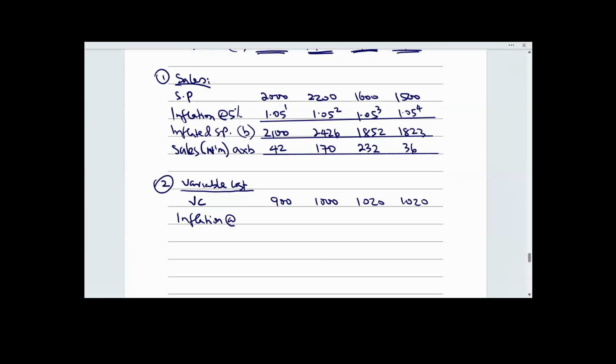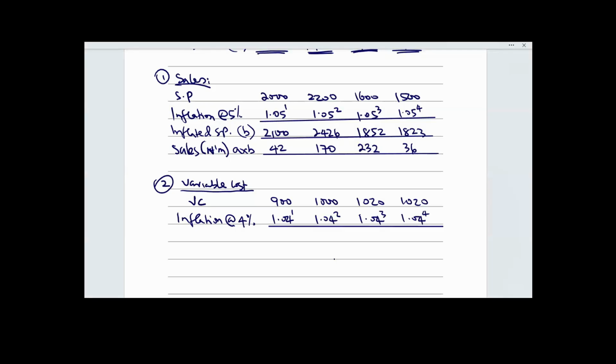What's the inflation rate for variable cost? According to the question, variable cost inflation is expected to be 4% per year. So here will be 1.04 raised to power year 1, 1.04 raised to power year 2, year 3, year 4.